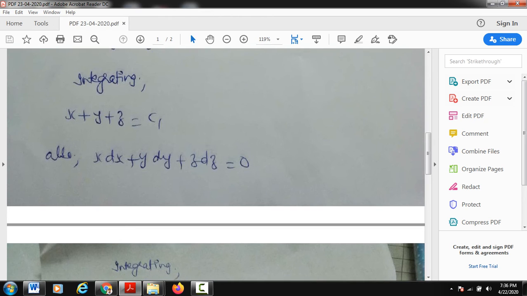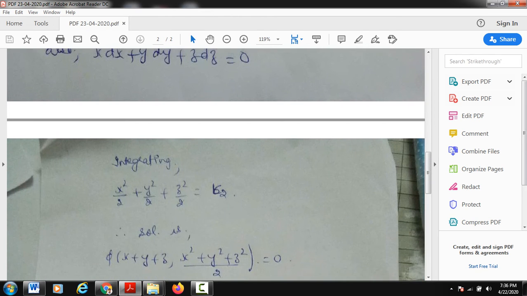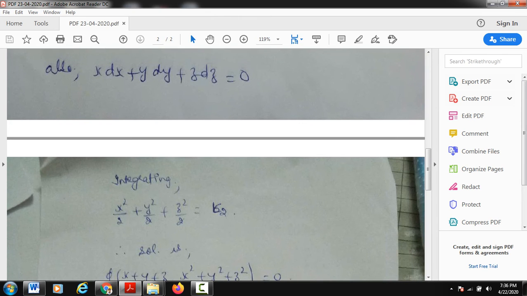Again the variables have been separated in this equation, so I will simply integrate it, which comes to be x square by 2 plus y square by 2 plus z square by 2 is equal to constant c2, because the integration of x to the power n is x to the power n plus 1 over n plus 1. Here n is equal to 1, so 1 plus 1 comes to be 2. So students, sometimes here we can write c2 by 2 as the constant so that this 2 can get cancelled. Otherwise with c2 only we are also okay with that.